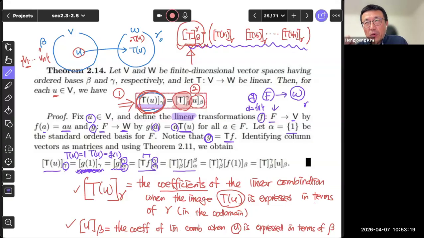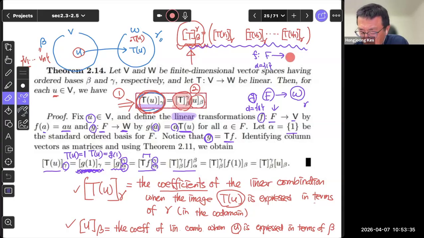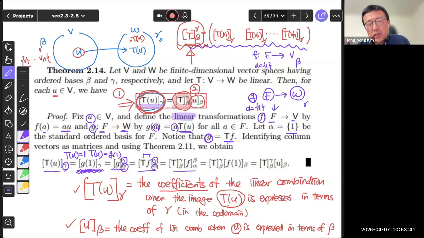G is a mapping from F to W, and F is a mapping from F to V, with alpha, the set of 1, as the standard basis. And in case of F, the beta is a basis for the codomain.